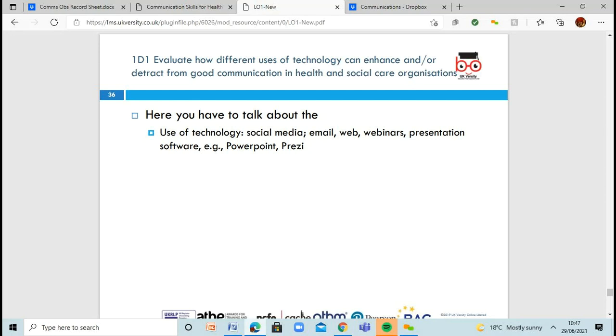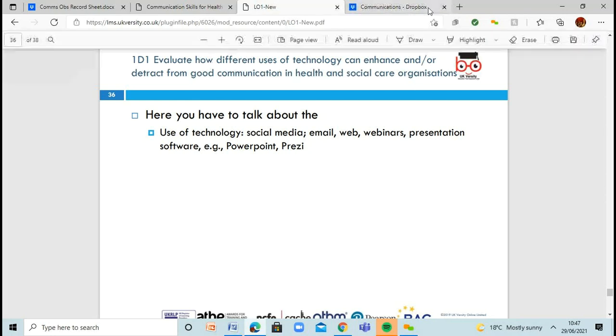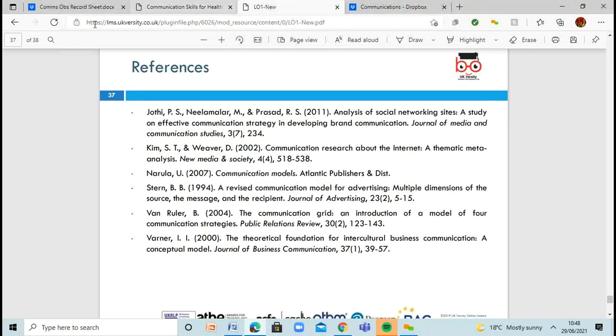How do they know that I'm actually showing a spot on my body or somebody else's just to get medication? So you don't really know who you're actually looking at. So there are plus points to it, and there are negative points to it as well. So that was learning outcome 1 on here.